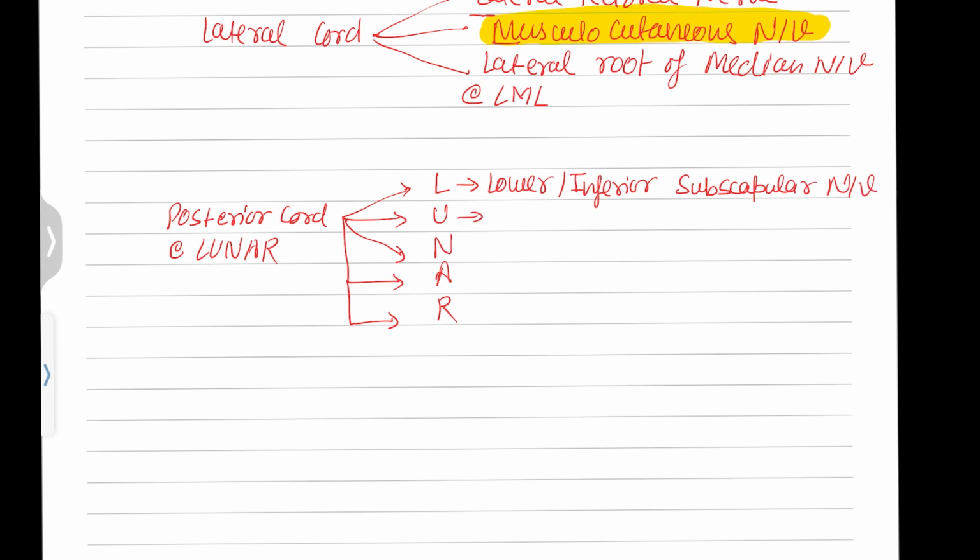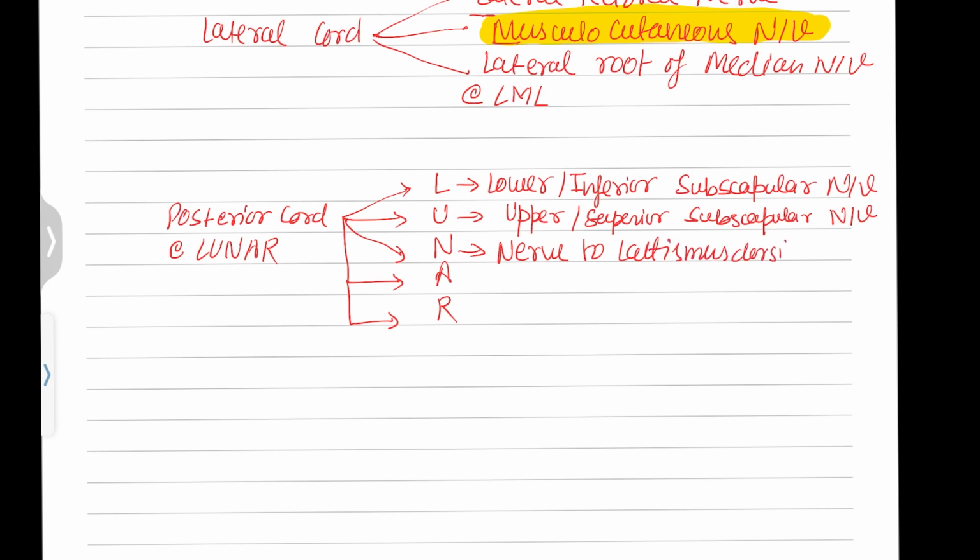And U is the upper or the superior subscapular nerve. And then the N for the nerve to latissimus dorsi, also known as the thoracodorsal nerve.